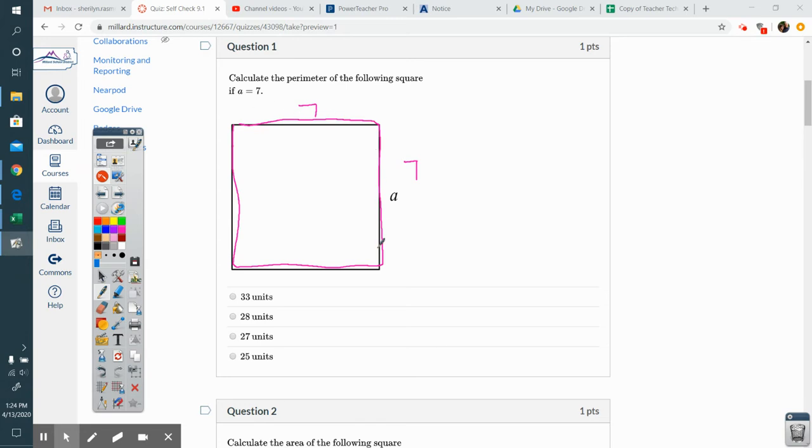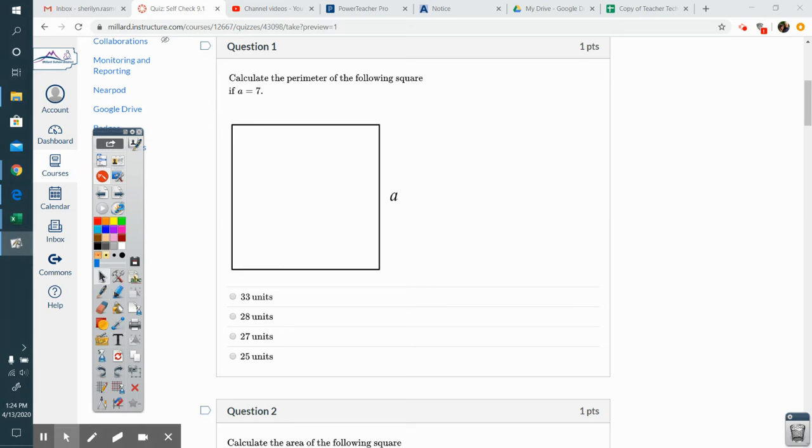So there's 4 sides. You can either add 7 plus 7 plus 7 plus 7, but the easier way is there's 4 sides and each side is 7 units long. So 4 times 7 is what you would calculate there, and it is 28 units. It just makes this problem a little bit easier.